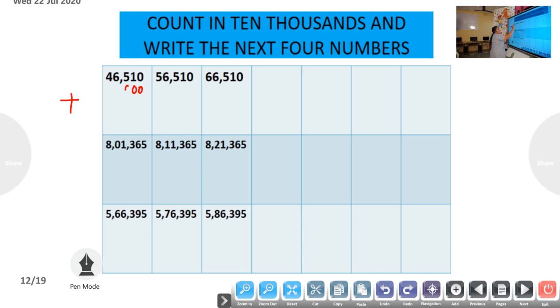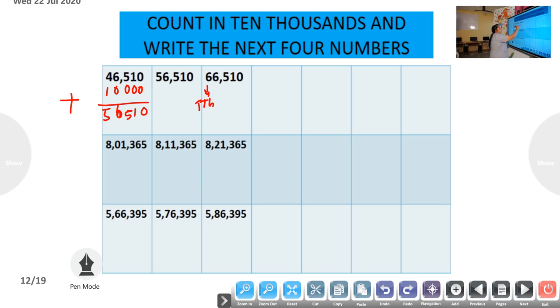10,000. 0, 0, 0, 0, 1. How much are you getting? 0, 1, 5, 0, 5, 6, 5. So 56,510. Then you have to add 10,000. You are getting 66,510. Here you are adding 10,000, so that means changing the digit in the 10,000 place.